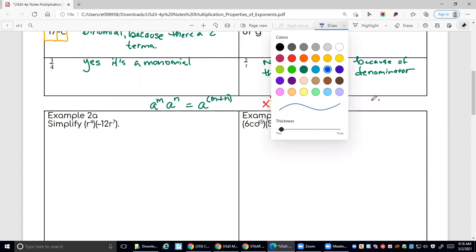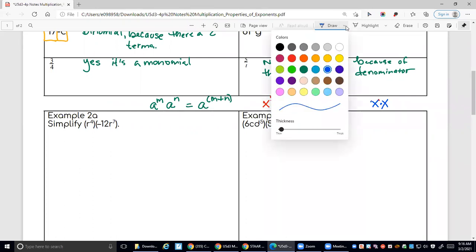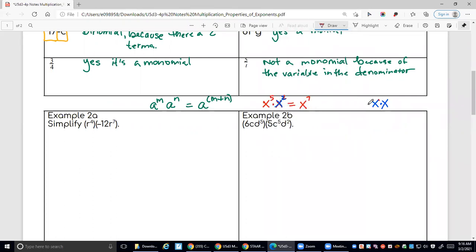If you had x squared, that's just the same as saying x times x, 2 times. The exponent tells you how many times. And with x to the power of 5, you're going to write it 5 times. Let's see if I can squeeze it in. Okay? Cool. And so what we do is we just count 1, 2, 3, 4, 5, 6, 7. And I write x to the 7th power.